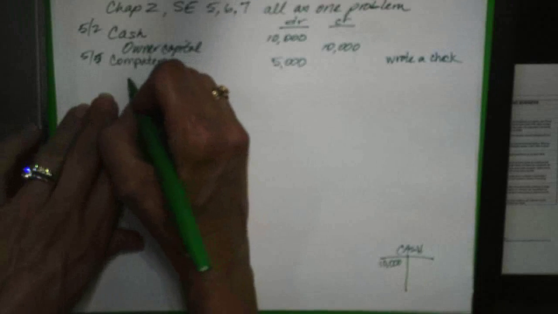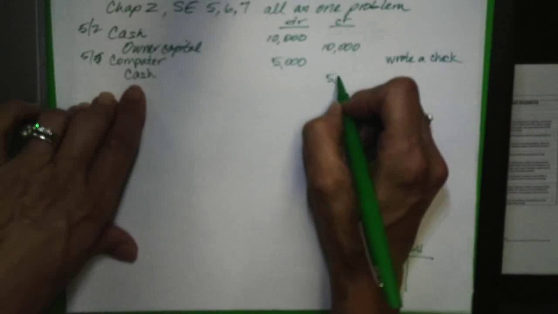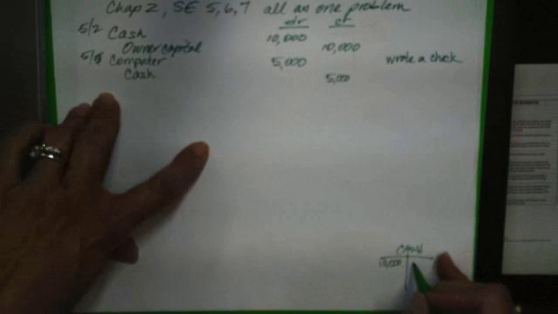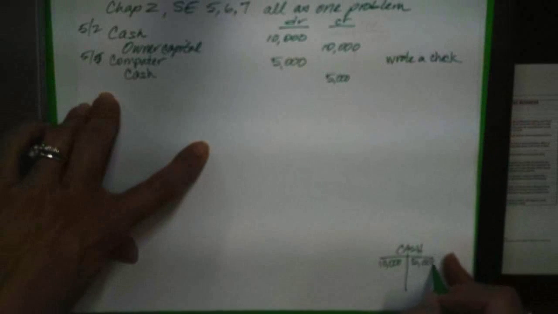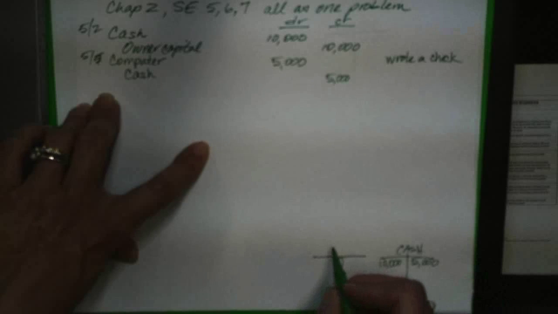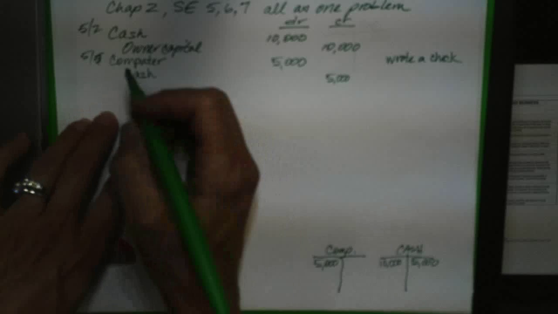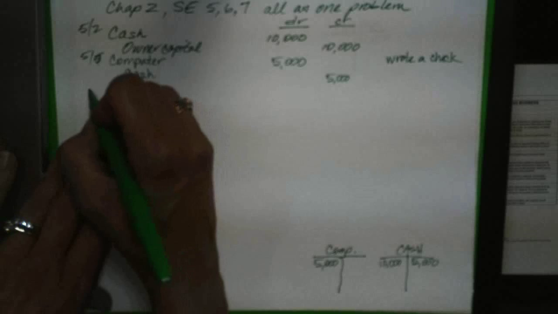That tips you off that cash is decreased, so we have to credit it. Okay, so I'm going to credit cash down here on the T account. I'm going to make another T account for computer. Okay, so we're just keeping up with our ledger as we go.